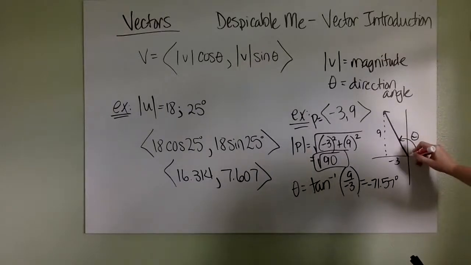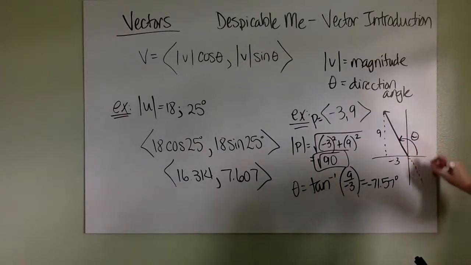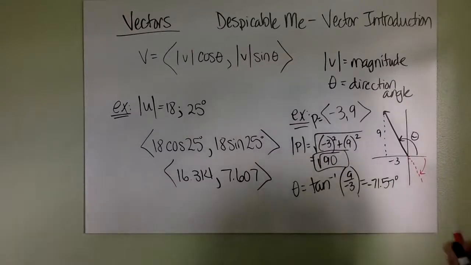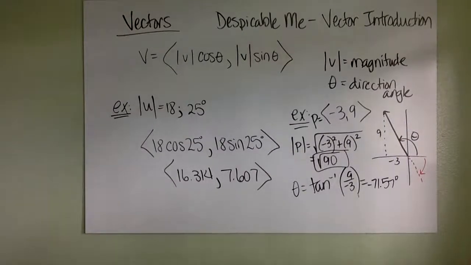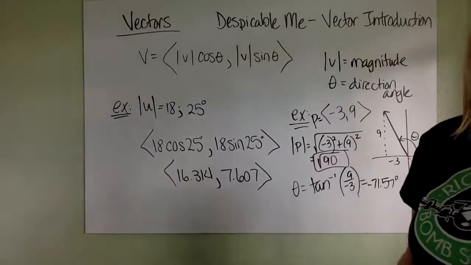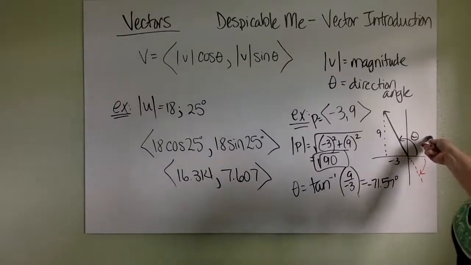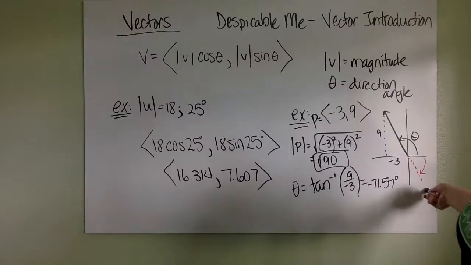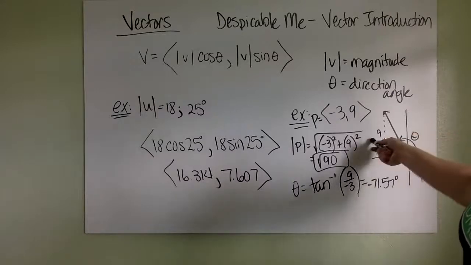That angle is right here in the fourth quadrant. I don't need a fourth quadrant angle. I need a second quadrant angle. That's how the inverse functions work. They're going to give you a first quadrant and a fourth quadrant angle for tangent and sine. For cosine, you'll get a first or a second quadrant.